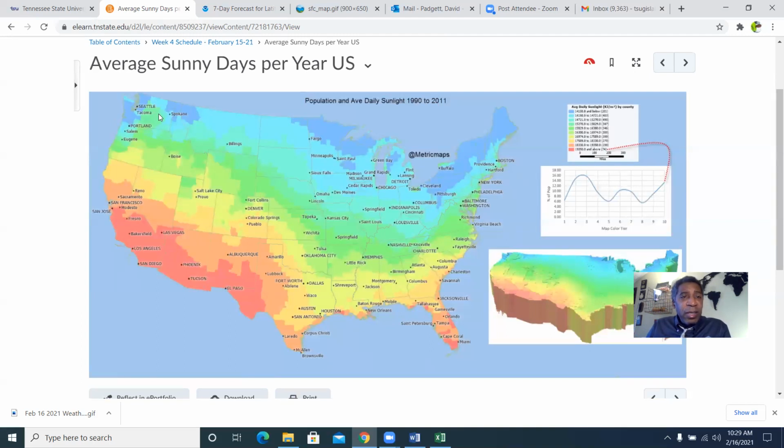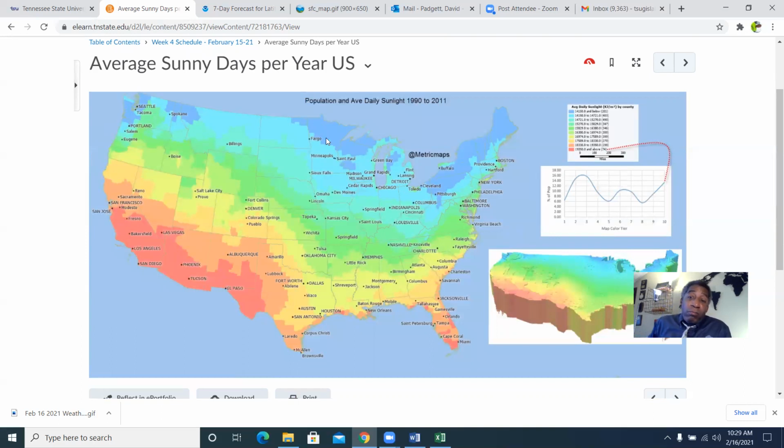Conversely, we can see that there are places like Seattle and up around the Great Lakes with fewer sunny days per year. Those areas are associated with the condition called SADS, seasonal affective disorder syndrome.